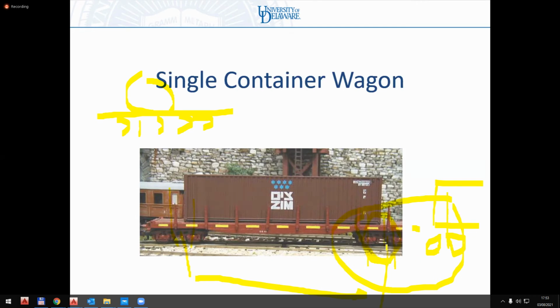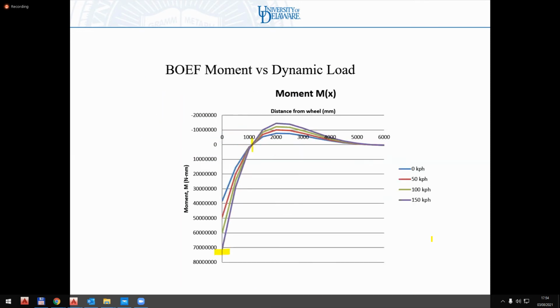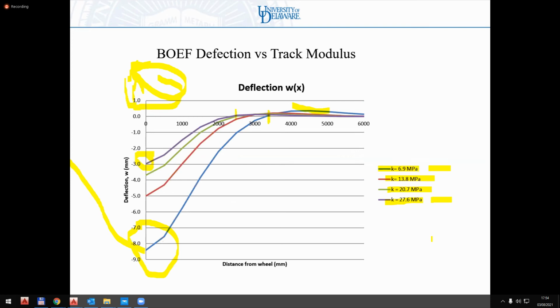The second axle on the same bogie is definitely going to have an effect. And the second bogie from an adjacent wagon may have an effect. It depends on how sensitive we are. And that sensitivity, again, is a function of things like the track stiffness.